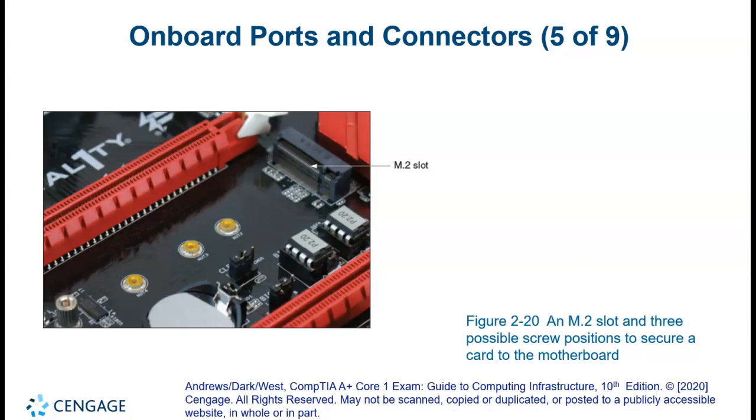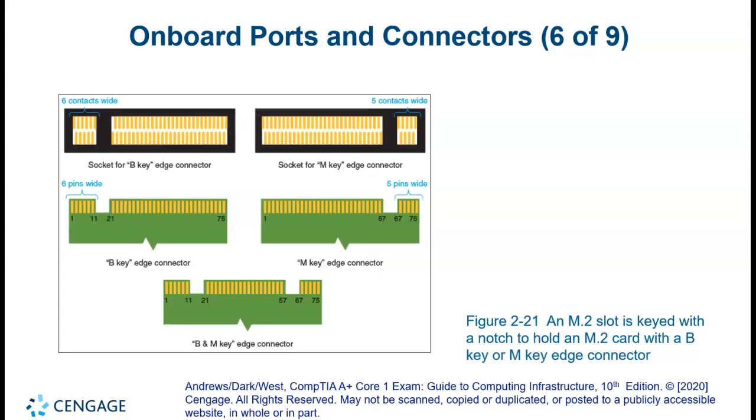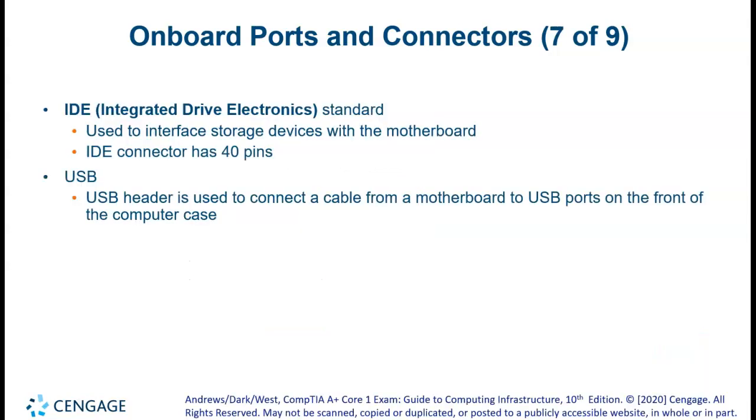That's an M.2 slot there. Here's an M.2 slot key with a notch to hold an M.2 card with a B key or M key edge connector. That way you can line up the slots correctly.